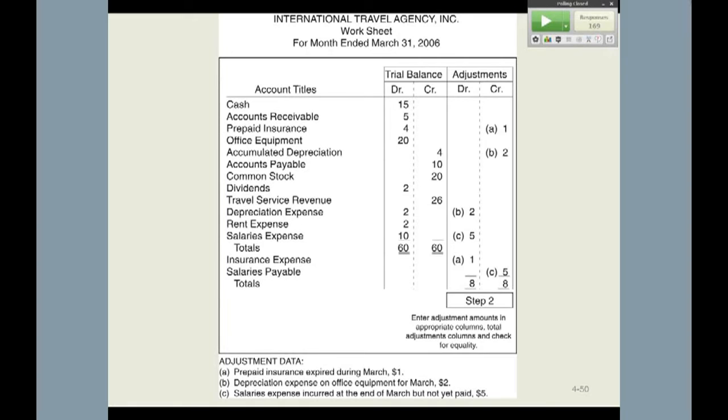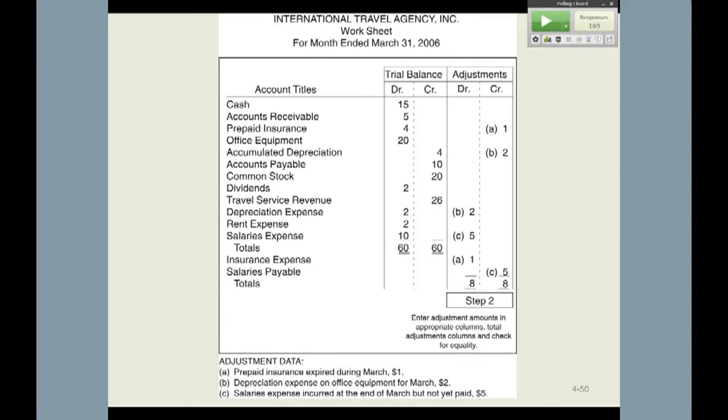So you have to make sure that you know the balance sheet accounts. These are the permanent accounts or the cumulative accounts. So cash, receivables, prepaid, office equipment, and the depreciation, along with the accounts payable, common stock, and the dividends, and the salaries payable go on the balance sheet.